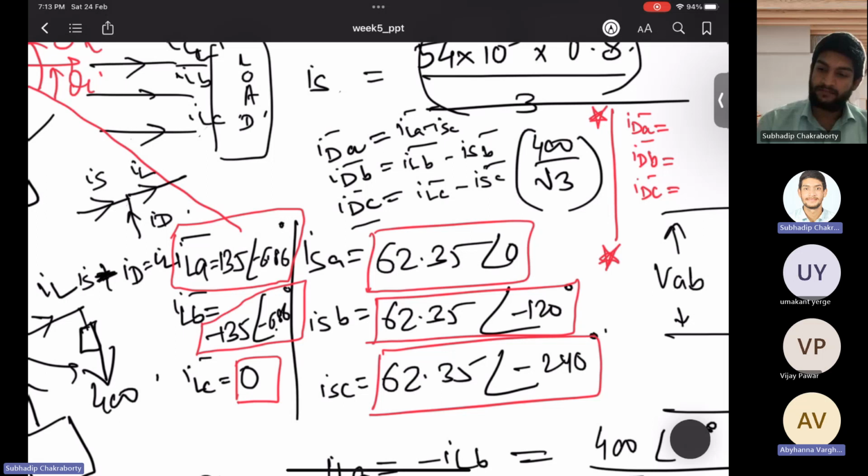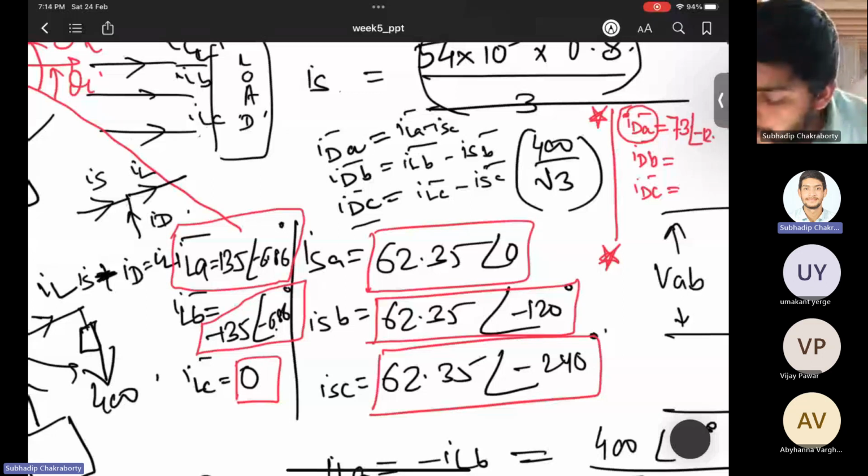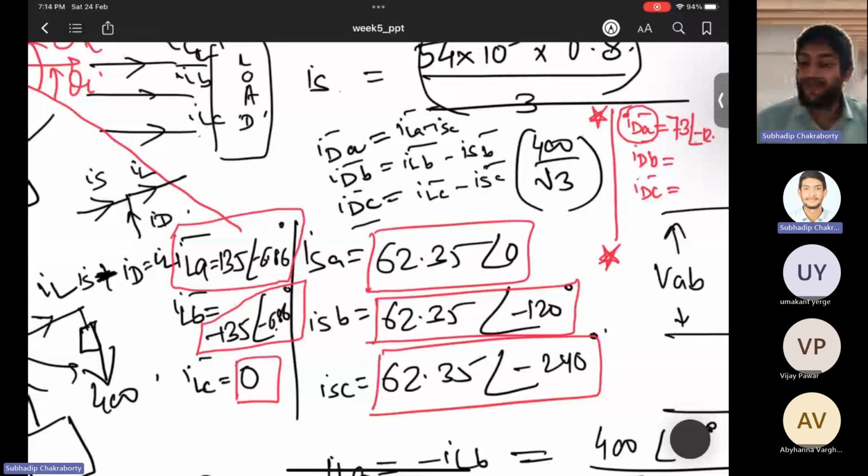ISA is 73.47 angle minus 12.67. No, IDA, sorry, IDA is 73.47 angle minus 12.67. Okay. Then IDB.